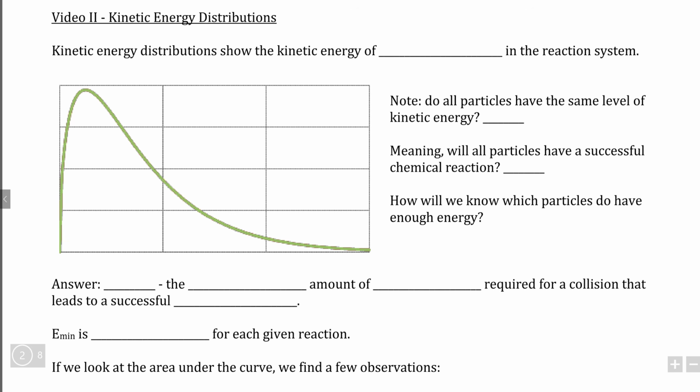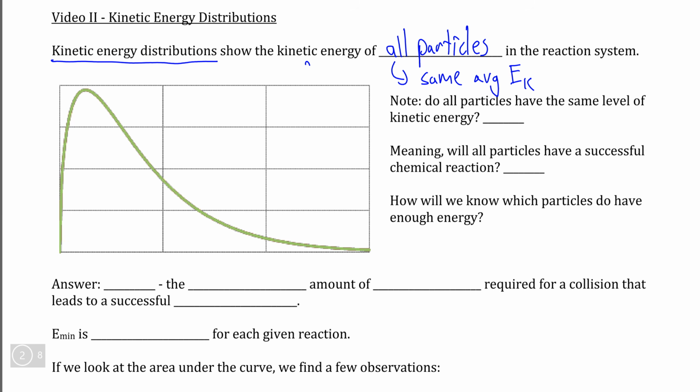To generalize, we can use a graphical representation called a kinetic energy distribution, which shows the kinetic energy of all particles that occur within a given reaction system, assuming that all particles have the same average kinetic energy, which again we know is temperature. What this means is that each kinetic energy distribution is the distribution of kinetic energy of all particles, assuming that the temperature remains constant.